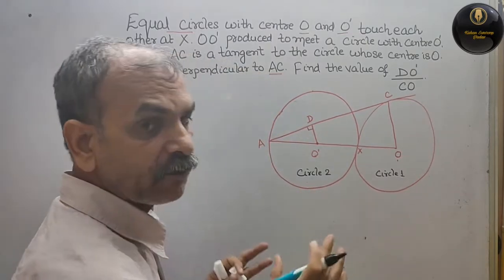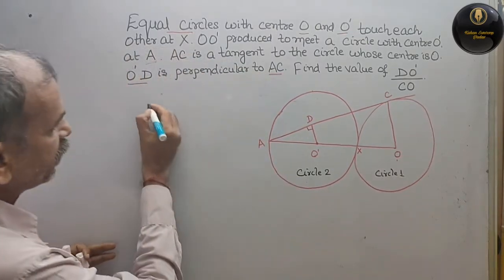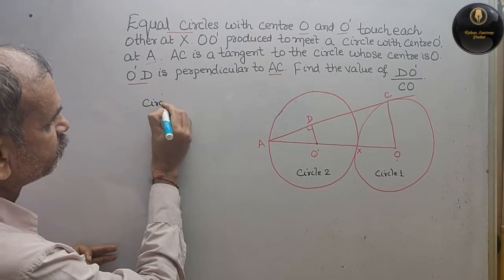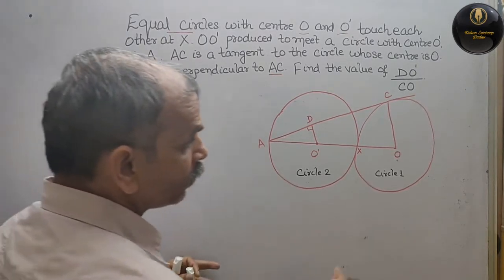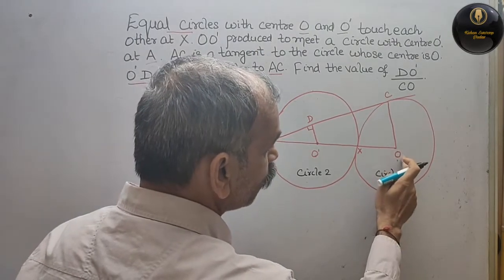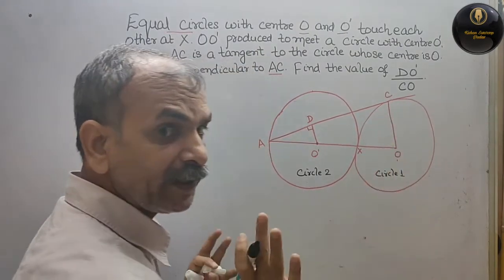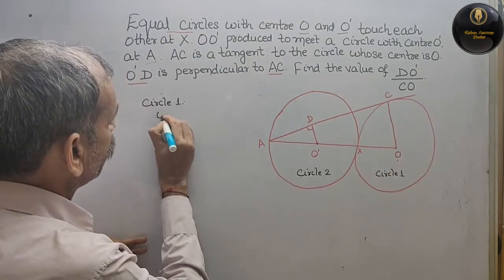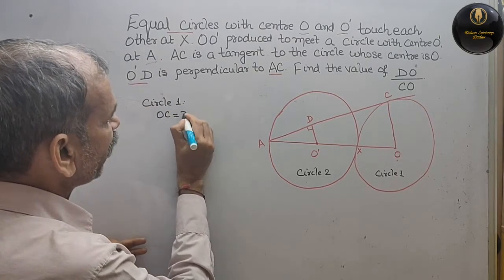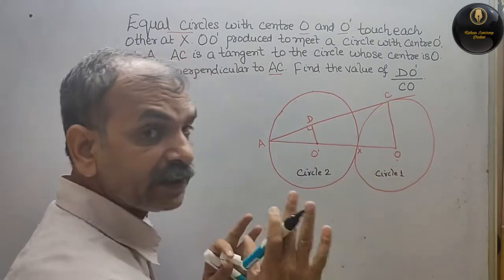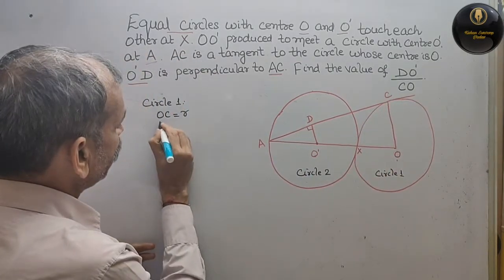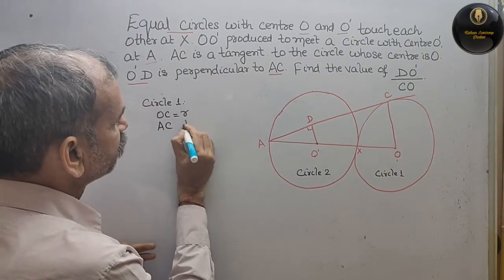Now, in circle 1 what happens? We will write that circle 1. In circle 1, OC is your radius. And AC is the tangent.